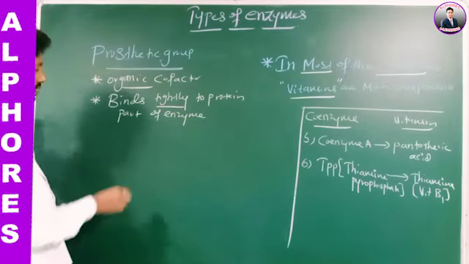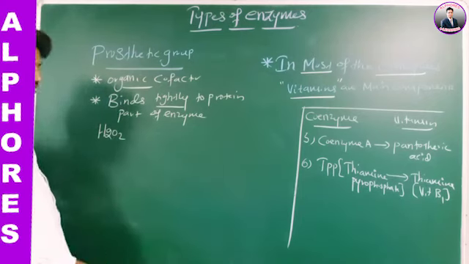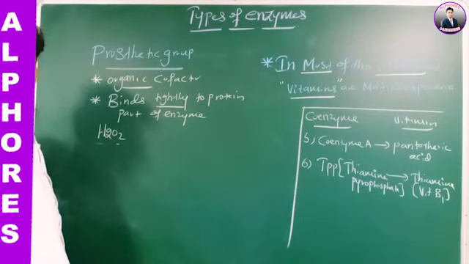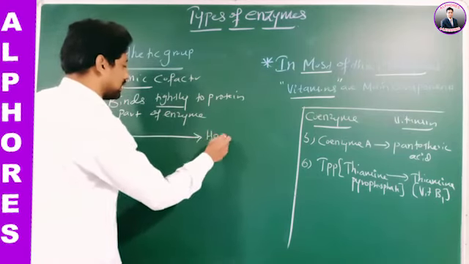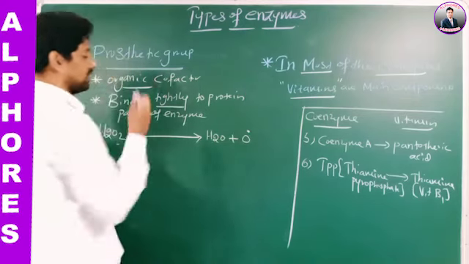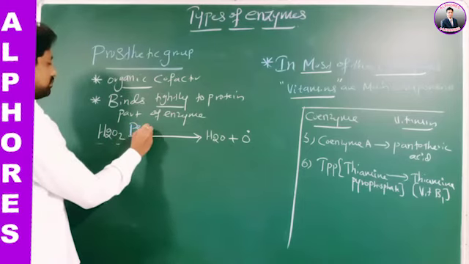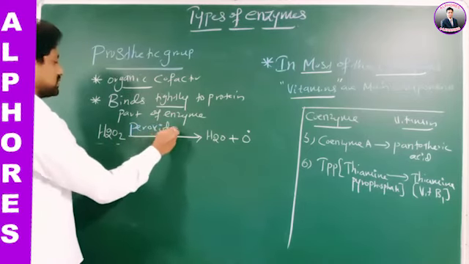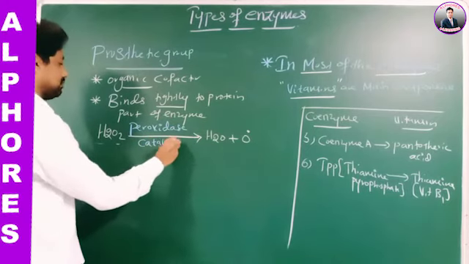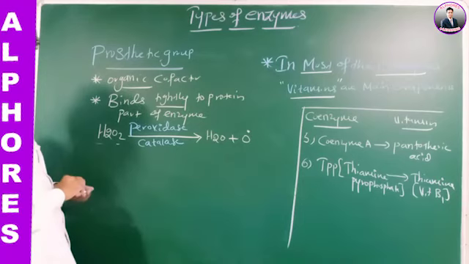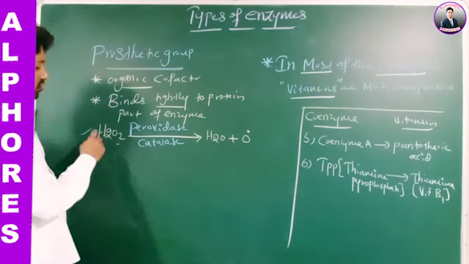In plants, during various metabolic reactions, hydrogen peroxide is produced. This hydrogen peroxide is toxic to plants.